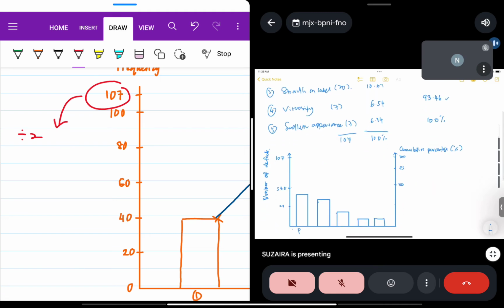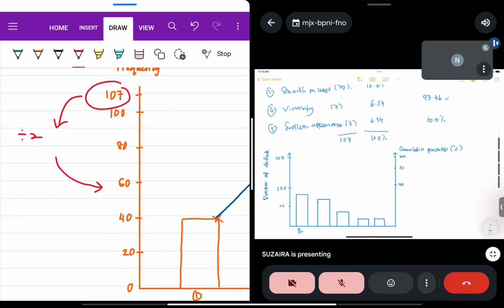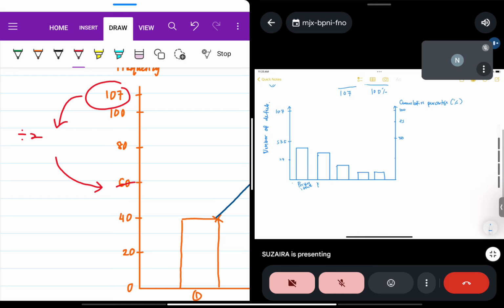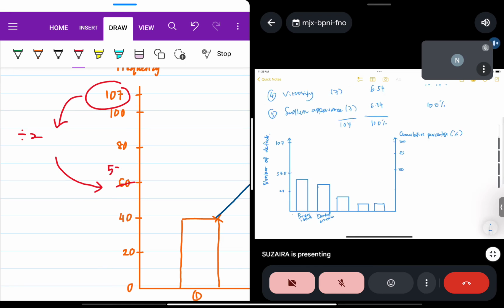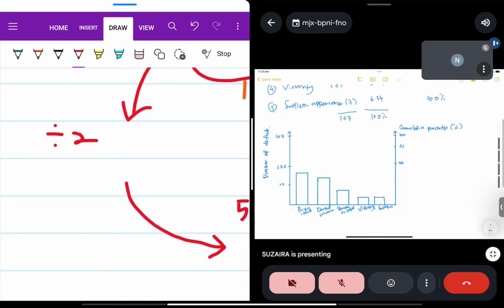This one, just write down in the full sentence. Full printing issue. And this one is dented container. Yeah, container. And then scratch on label, viscosity, and also swollen appearance.